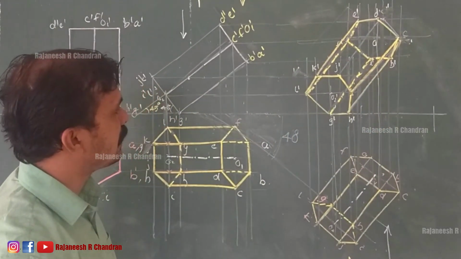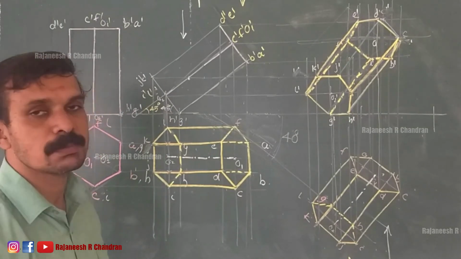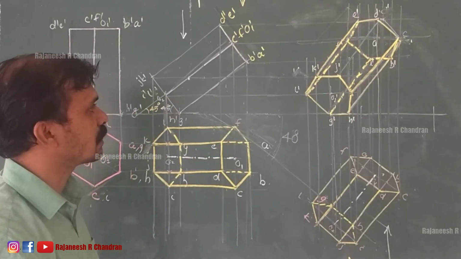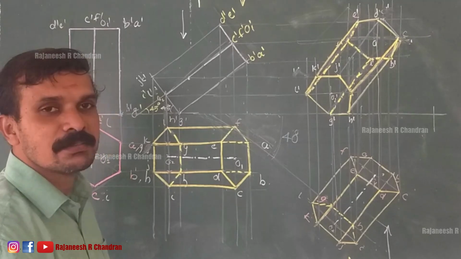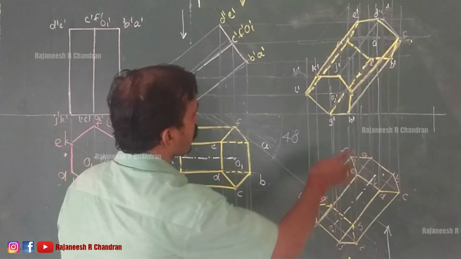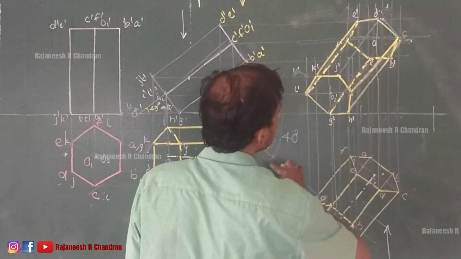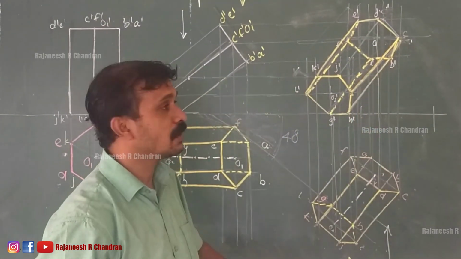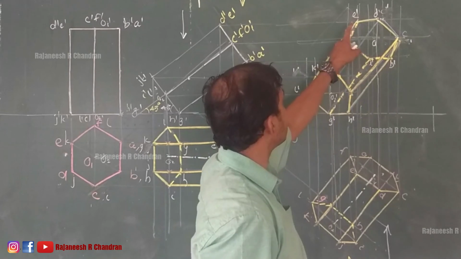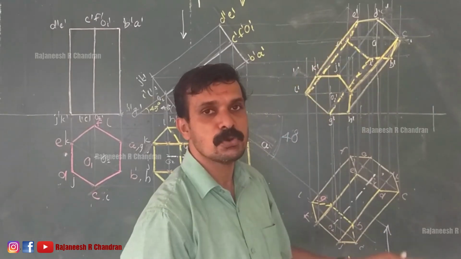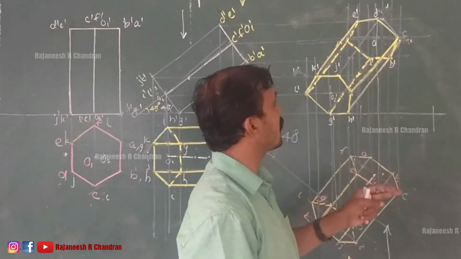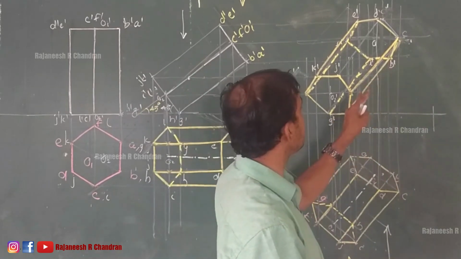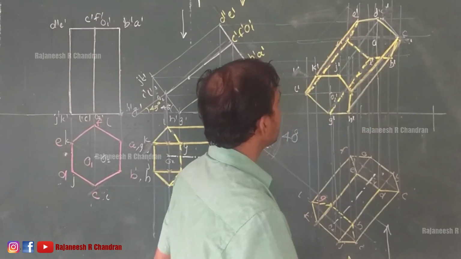Now the only edge which is balanced is this one, that means DJ. So whether it is visible or not, how can we check? We know that in the alphabetical order, CI, DJ and EK. So in the alphabetical order CI and EK are visible. So since in the alphabetical order DJ comes in between CI and EK, this is DJ.